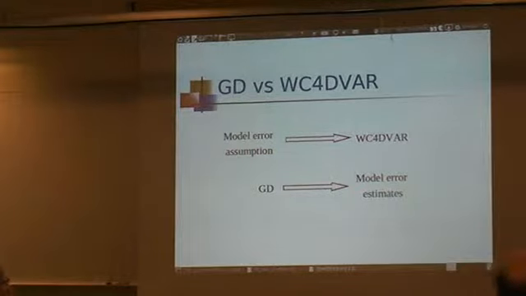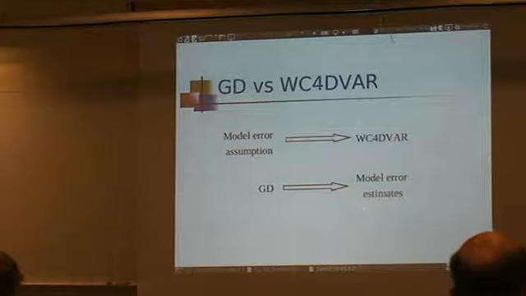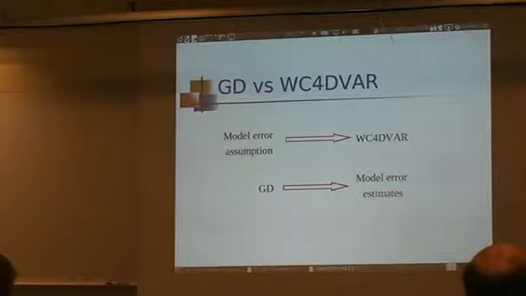So I summarize this: no matter how you write the weakly constrained 4D-Var function, you always need a model error assumption to feed to it. For our method, we run gradient descent and generate the model error estimate, so we don't need the model error assumption at all. This is a very different process, and I think this is the major difference between them.